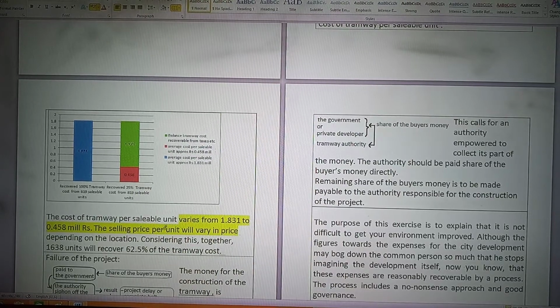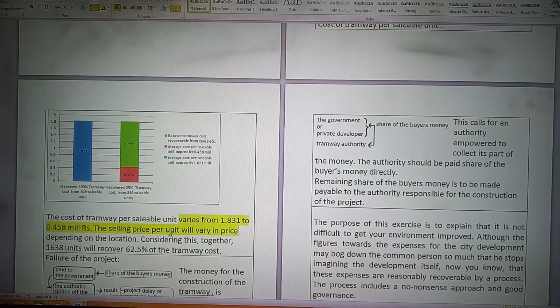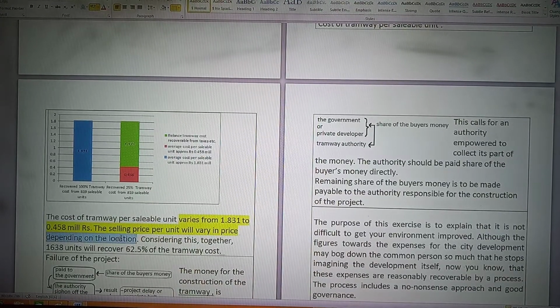Now, the selling price per saleable unit is going to vary as per the location.